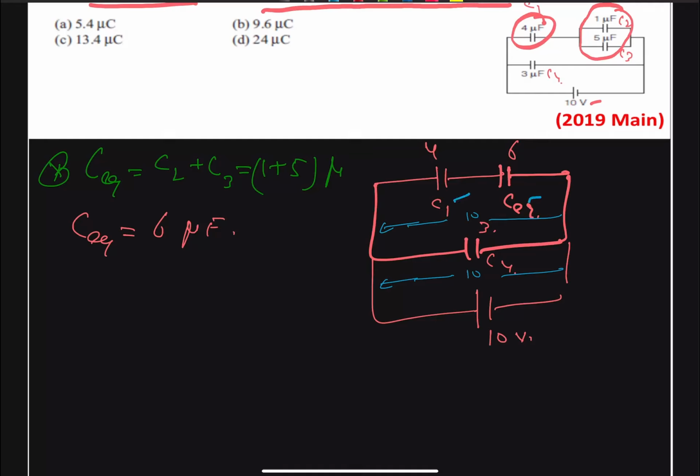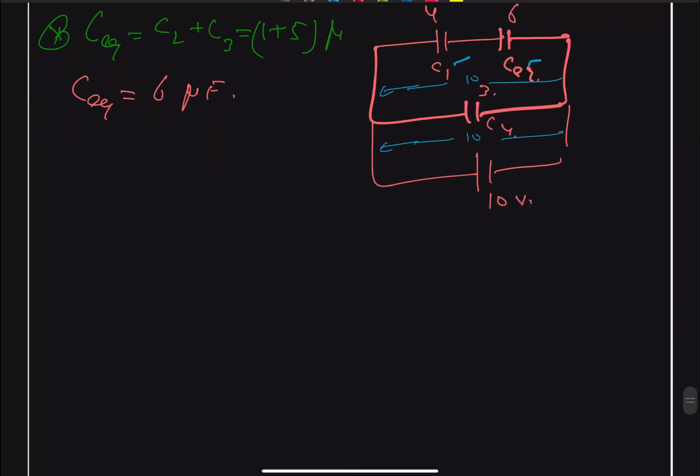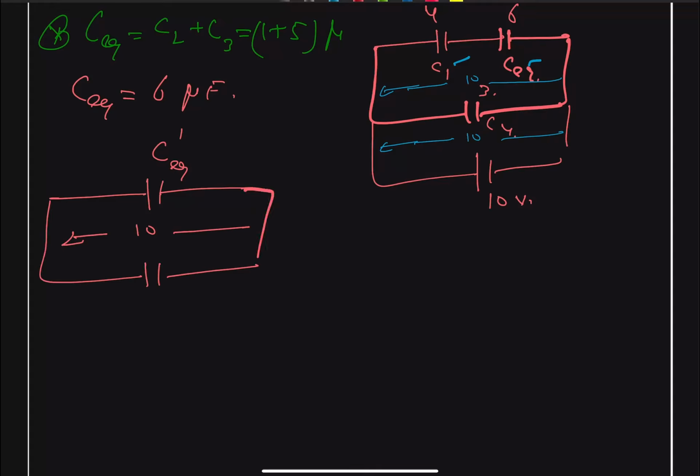So here also we can find out the equivalent capacitance, and we are going to get a circuit having now only one capacitance. Let us call this C equivalent prime, and here also we have a 10 volt in parallel with this, and we have our C4, and finally we have a 10 volt supply.